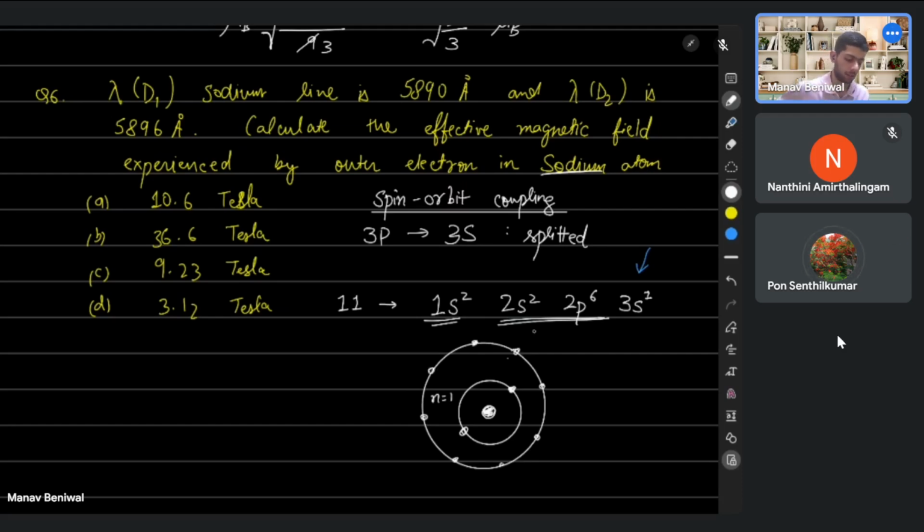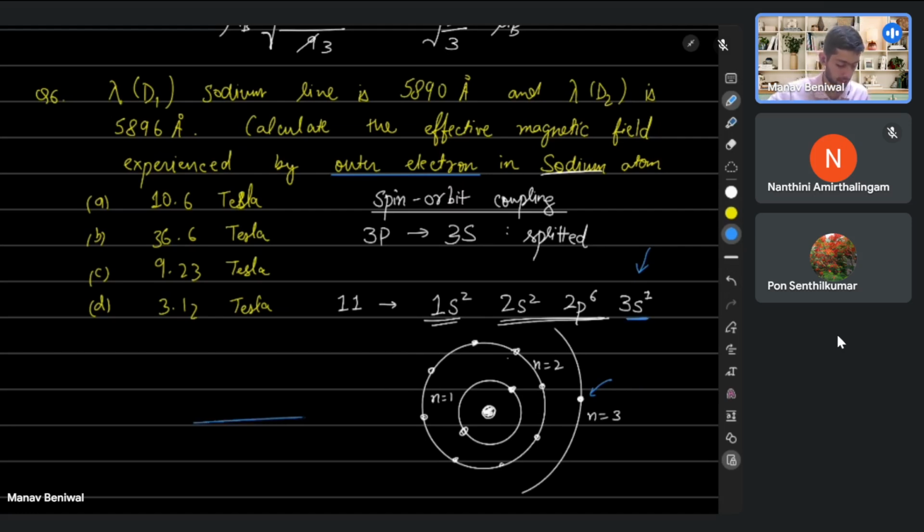Two will be in s orbital and six will be in p orbital. So this will be your n equals 2. Now your n equals 3 orbital only has one electron, and this is the outermost electron. And this is what we are asked, right? The outer electron in sodium atom. So you can see this is in s orbital.